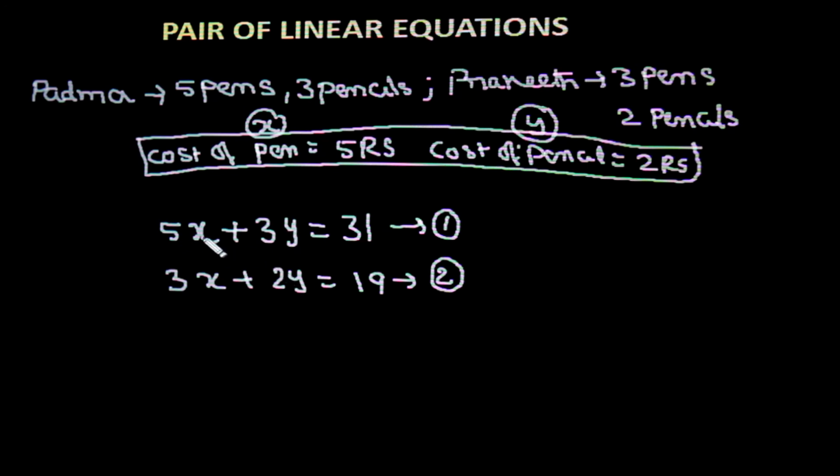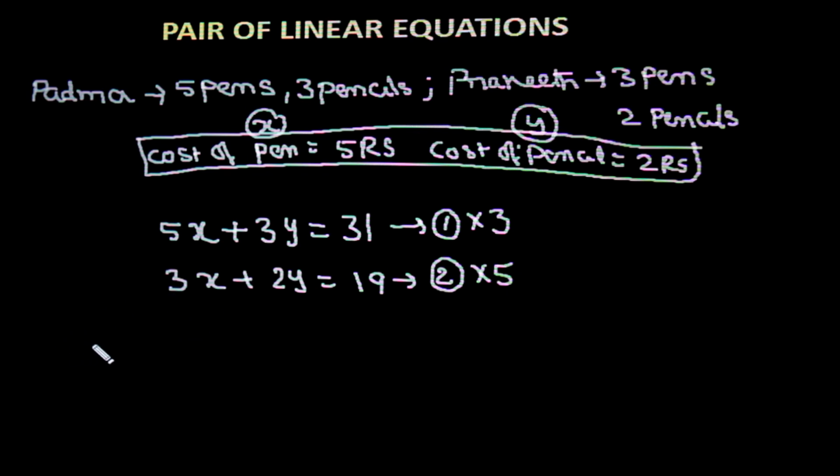To equalize, multiply the first equation by 3 and the second equation, the complete equation, by 5. Then 3 5s are 15 and 5 3s are 15, they will be equal. Then you can subtract and get the answer.